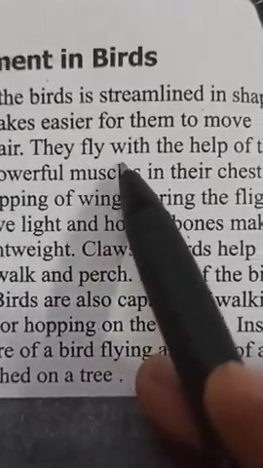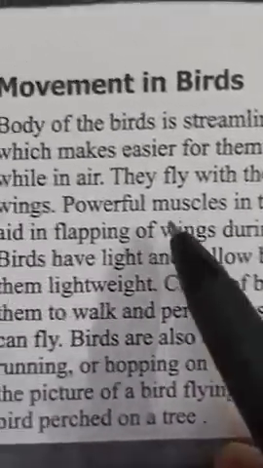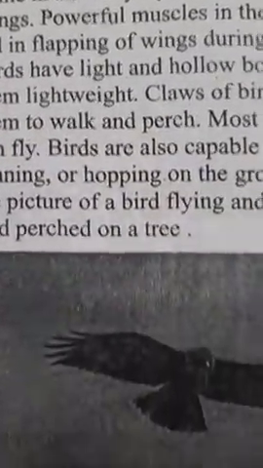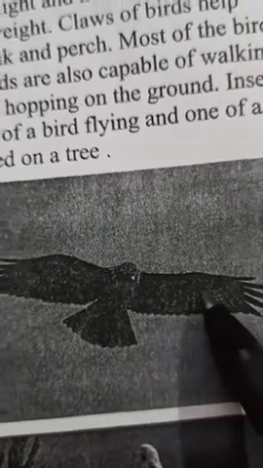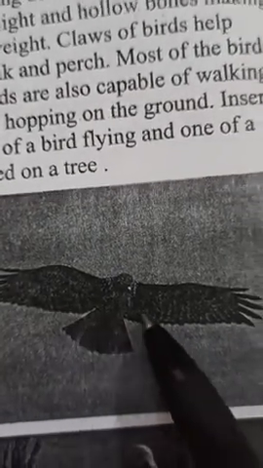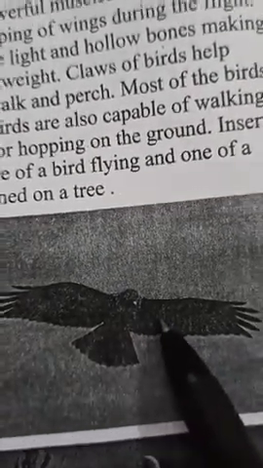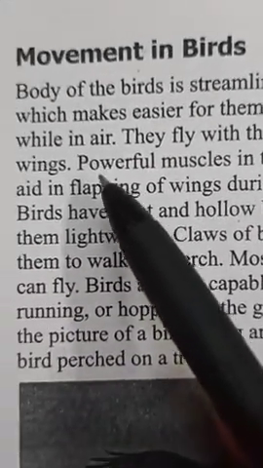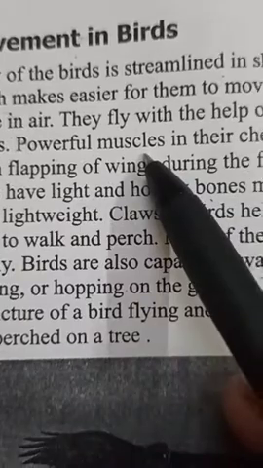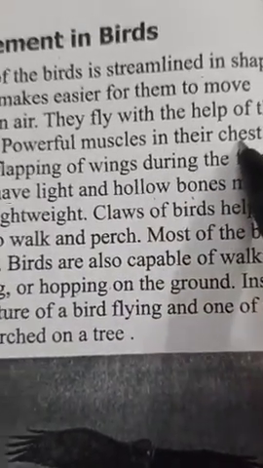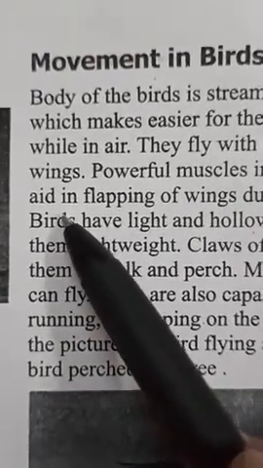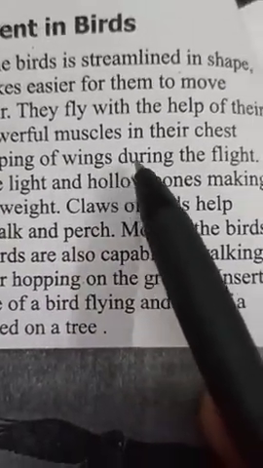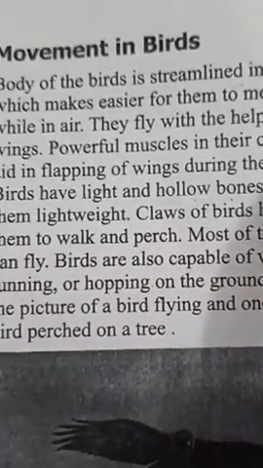They fly with the help of their wings. Children, birds have these wings. So with the help of their wings, only birds can fly. Powerful muscles in their chest aid in flapping of wings during the flight.